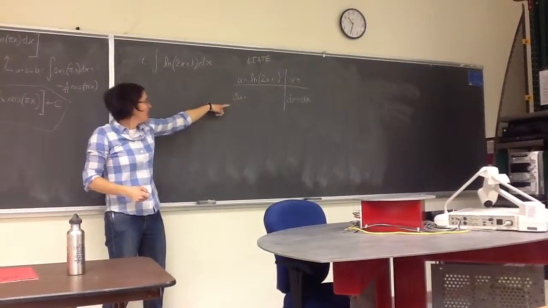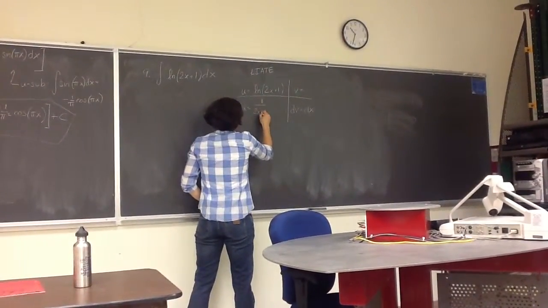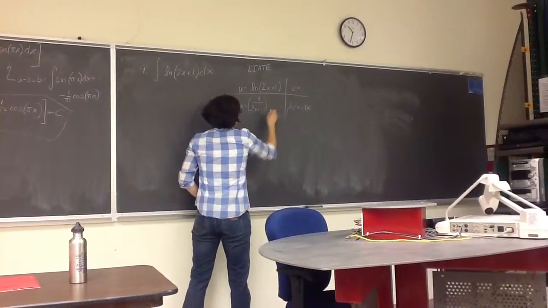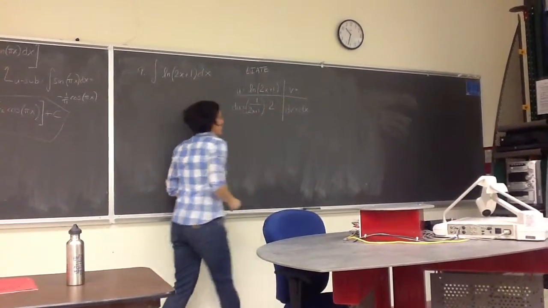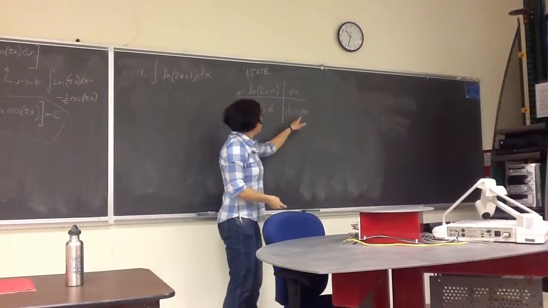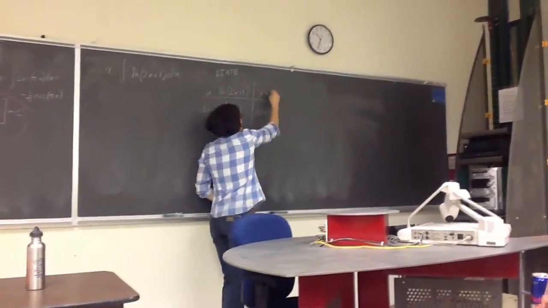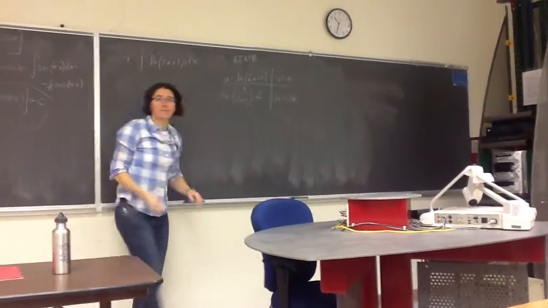So I look at the derivative of natural log, and I have to use the chain rule. I have 1 over 2x plus 1 times the derivative of the inside, which is 2. And when I take my antiderivative, I end up with v is equal to x.